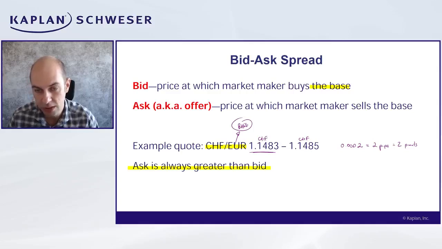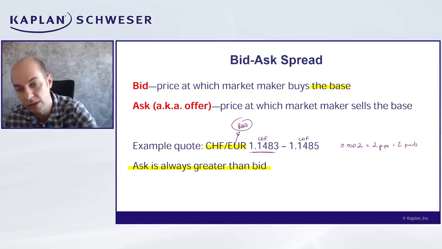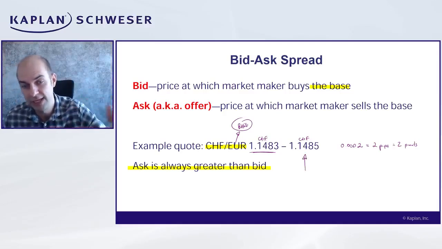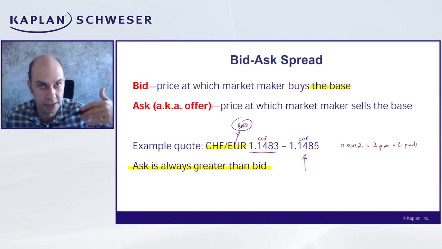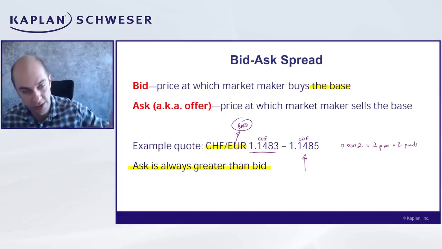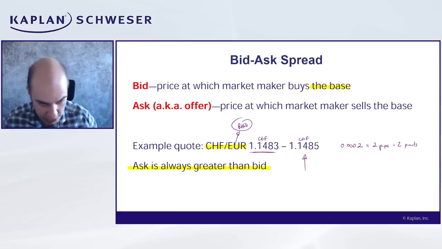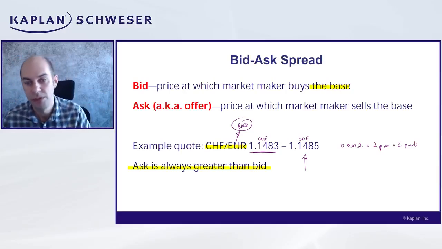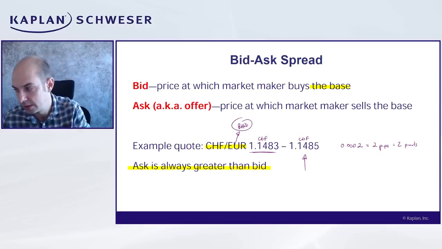Someone who trades with the market maker will get the worst of the two prices. So I will buy euro at the higher price. And if I had to sell euro, I will have to sell it at the lower price. So while the market maker is making commissions every time you trade, you're actually losing money every time you trade, right? Because you have to pay commissions to the market maker.